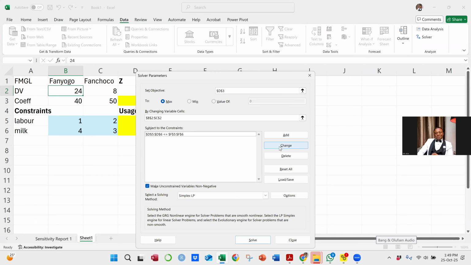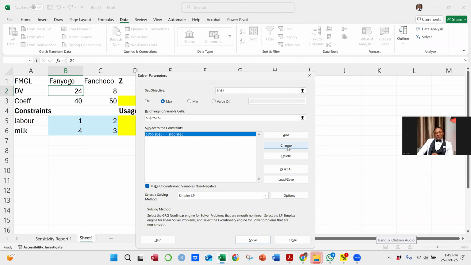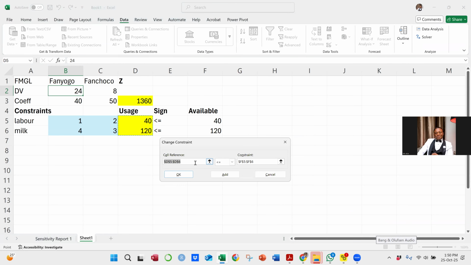You normally click on add, okay? Like I have clicked. Normally click on add, but I have done it already, so I'm clicking on change. And then on the left, you select the usage, which is the 40 and 120 on the left. And then on the right, you select the available.